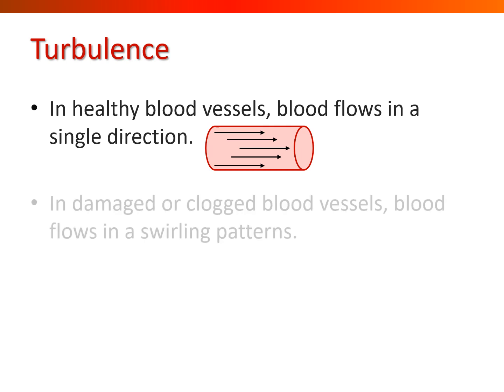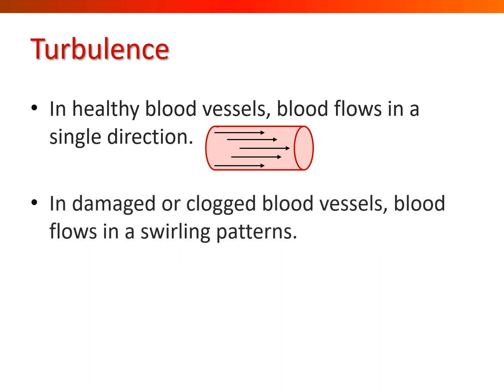But when you have a scenario where you end up with a damaged vessel or a clogged blood vessel or a little plaque buildup in that wall, something that can disrupt this normal flow, then you create these swirling patterns in the blood vessel, which means that blood's going to flow until it hits that little bump, and then it's going to cause it to flow backwards, which is going to impede the blood flowing in back of it.